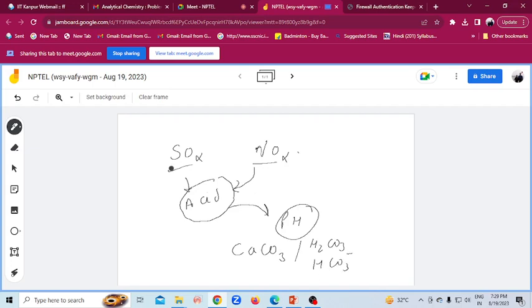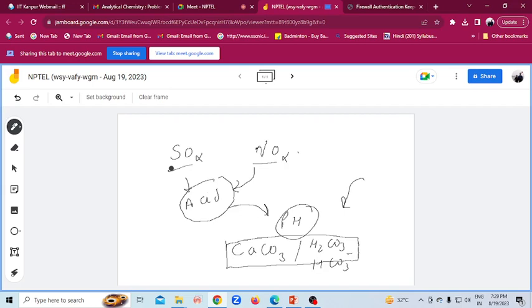So this buffer will be present in the system, and it will help to maintain the pH of your system constant. So it is very helpful for aquatic life and for crops and all other things. So this is about the naturally occurring buffer.